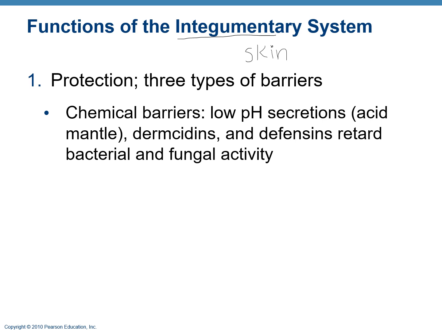So our skin actually produces secretions that contribute to having a low pH on the surface of our skin, and that acts as a chemical barrier for a lot of pathogens. Most pathogens cannot really survive in an acidic environment. And this set of secretions and resulting chemical environment is known as the acid mantle.